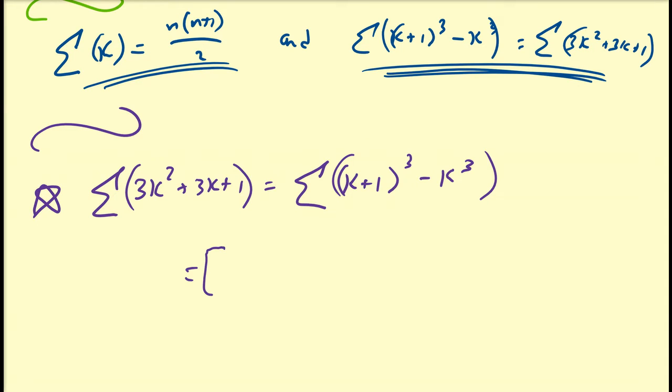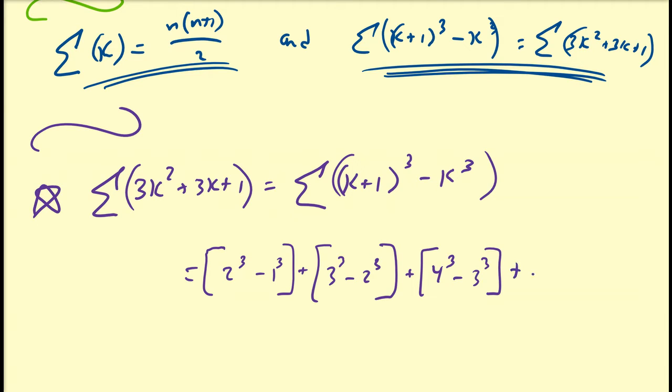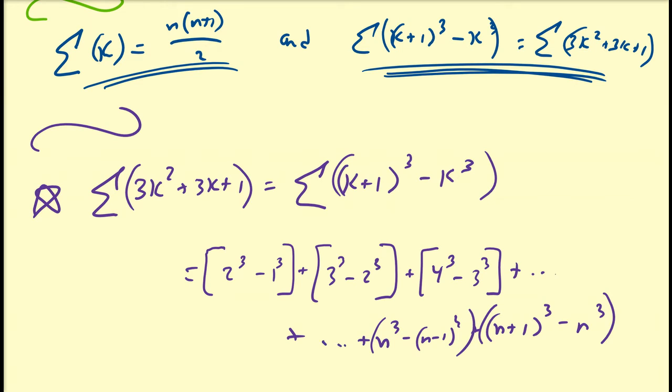When k is equal to 1, we have 1 plus 1, which is 2 cubed, minus 1 cubed, and then plus 3 cubed minus 2 cubed, plus 4 cubed minus 3 cubed, plus all the way down to the last term, which is n plus 1 cubed minus n cubed. The preceding one is n cubed minus n minus 1 cubed, and all the terms before it.